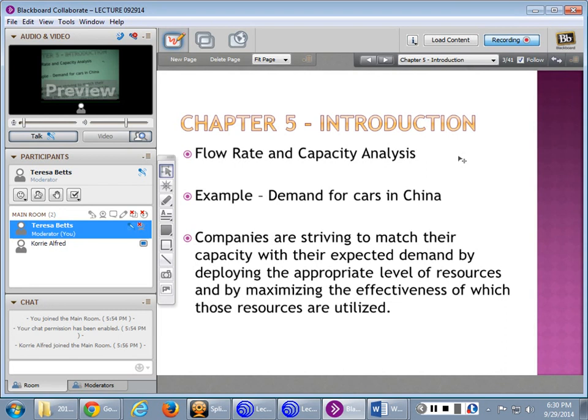Let's break that down. If you think about a process that has multiple resources used in the process, anything where you've got levels of training is a good example. So let's think about a doctor's office. You have the receptionist, you have a nurse, and you have a doctor.